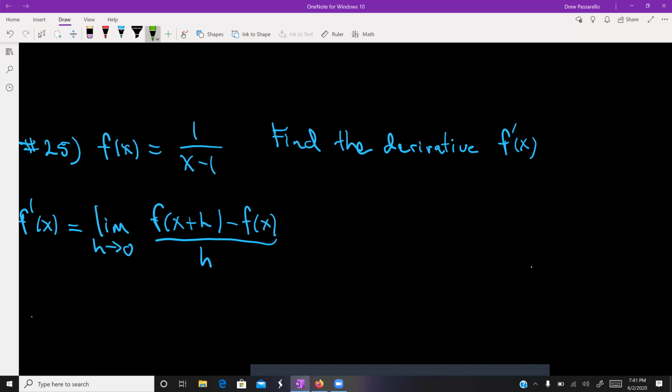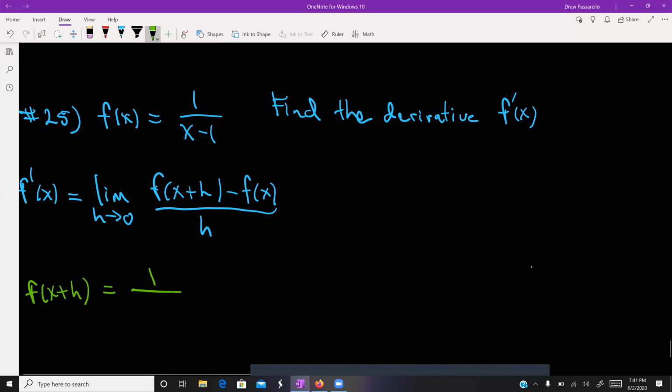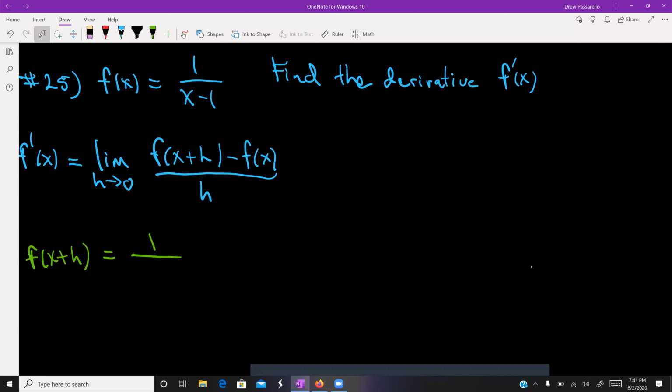Now f of x plus h is equal to 1 over, and instead of x, it'll be x plus h minus 1. And again, you can just ignore the parentheses and just write it without them. There's really not much simplifying I can do with that.